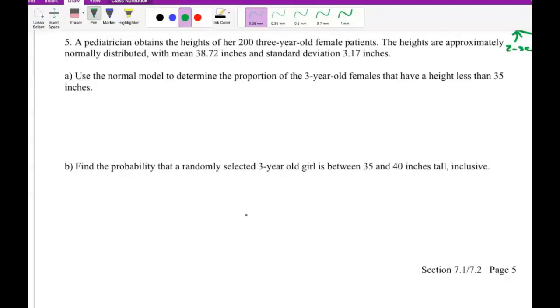Okay, number 5. So here we are obtaining the heights of 203-year-old female patients.